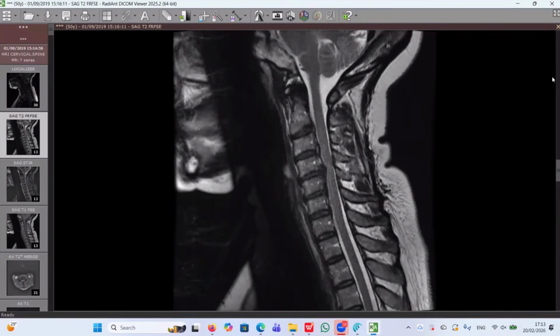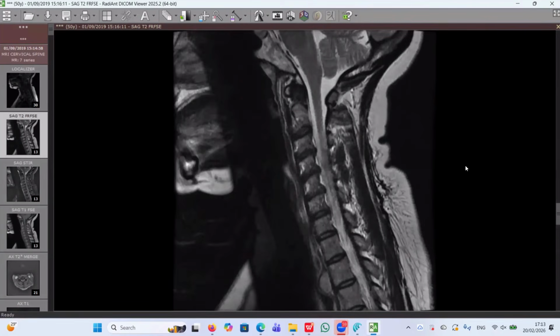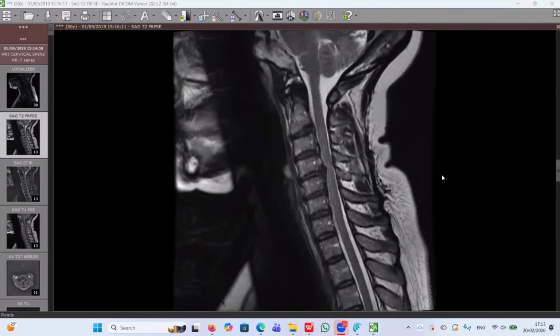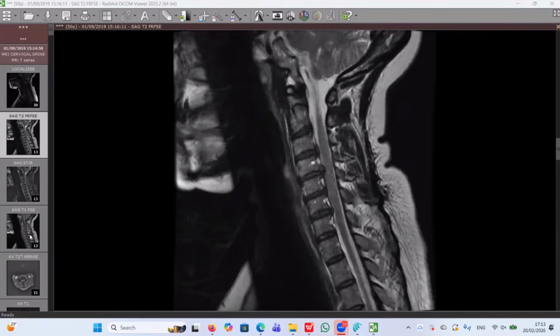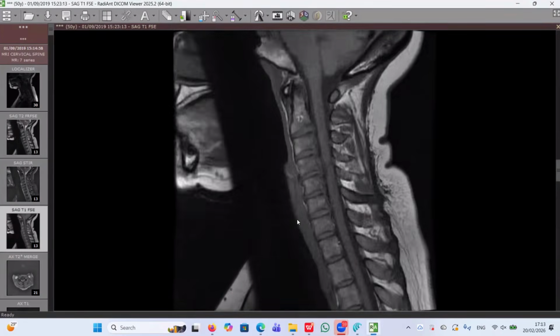Okay, but can you ignore this point, please? Can you focus again for any other abnormality? In the marrow, altered signal is seen, likely these are age-related Modic changes. Okay.